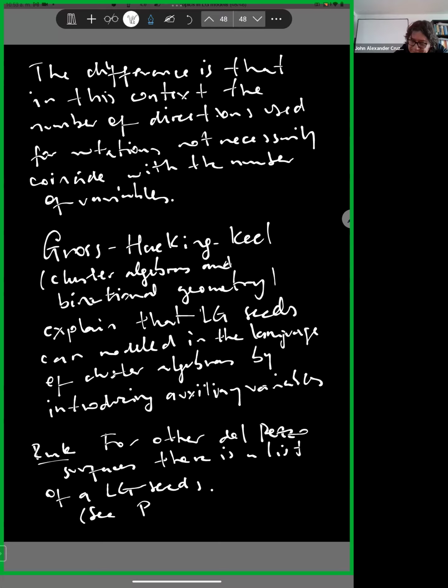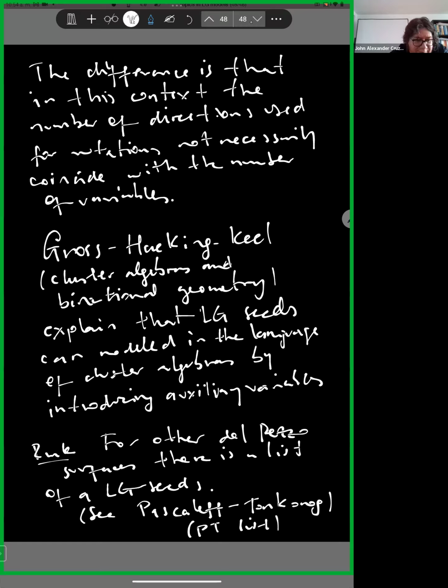So they have a list for the del Pezzo surfaces, which I will call the PT list, and the list corresponds actually to the directions, right?